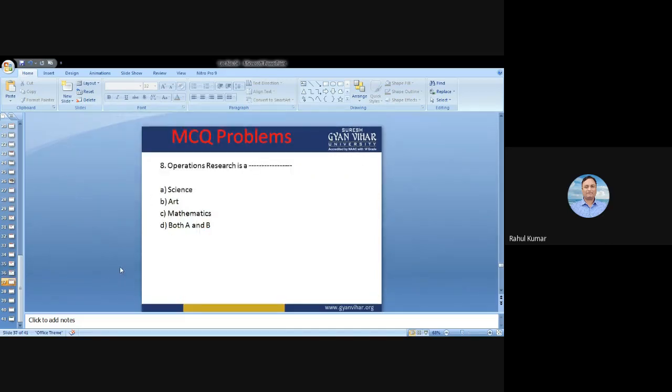This is question 8, and this is a very simple question. What is operation research? Operation research is a science, or art, or mathematics.